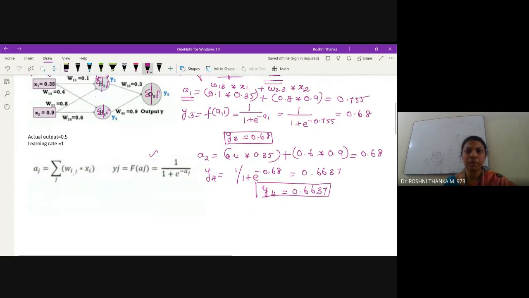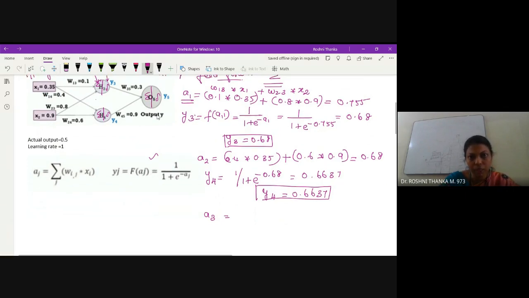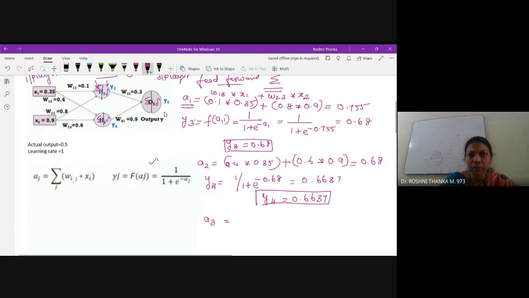Then after doing this, we have to find a3 as well. What is a3? It is for the output of this computational unit. What are the inputs of this computational unit? The output which we get out of this perceptron and its weight, plus the output which we get out of this computational unit into its weight. So y3, the output of this computational unit, is 0.68, into its weight, w35, which is 0.3.